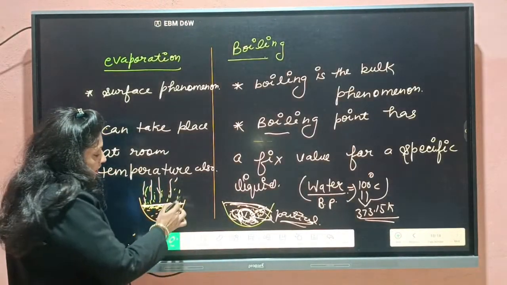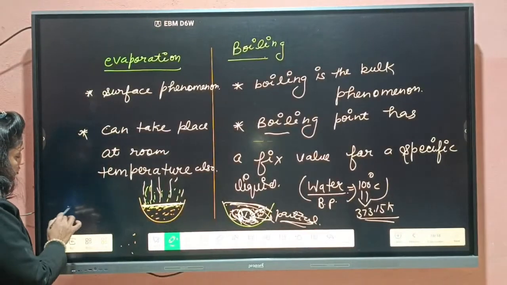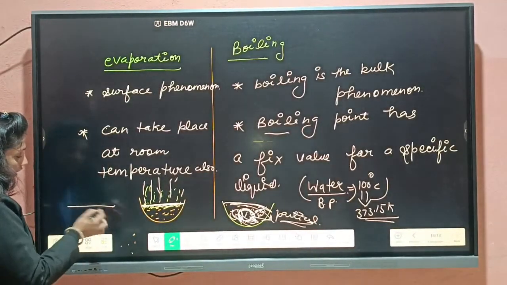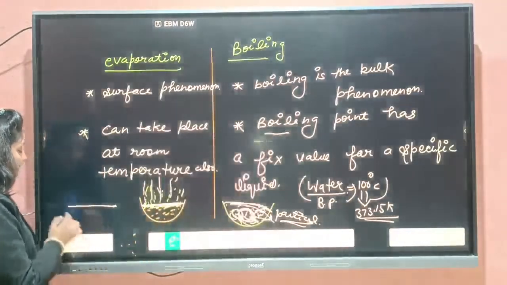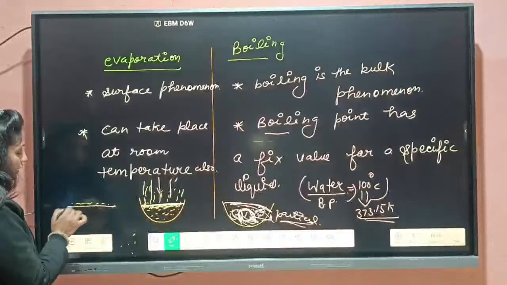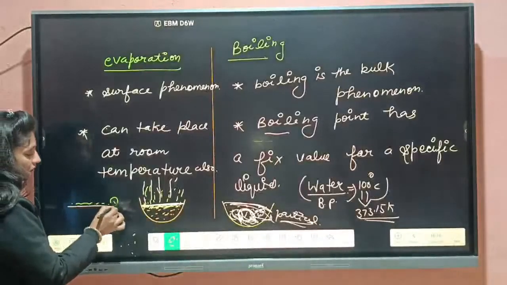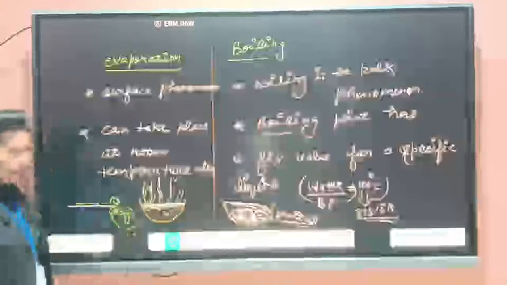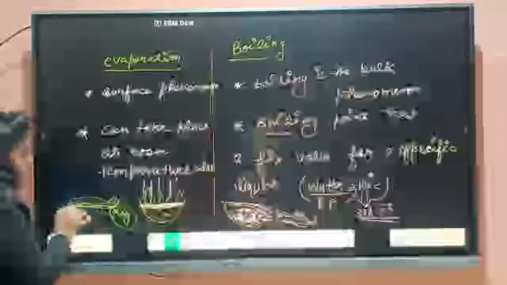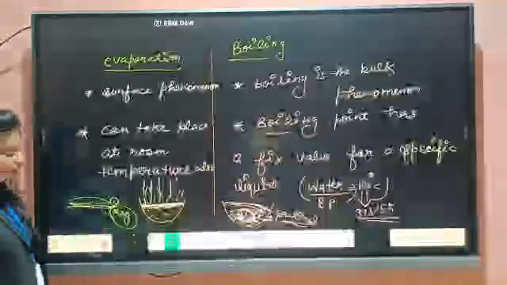And students, if I drop some water on the ground, then what will happen? It will take some time, but after some time it will evaporate and that floor surface will be dry. Why? Because at room temperature evaporation can take place.